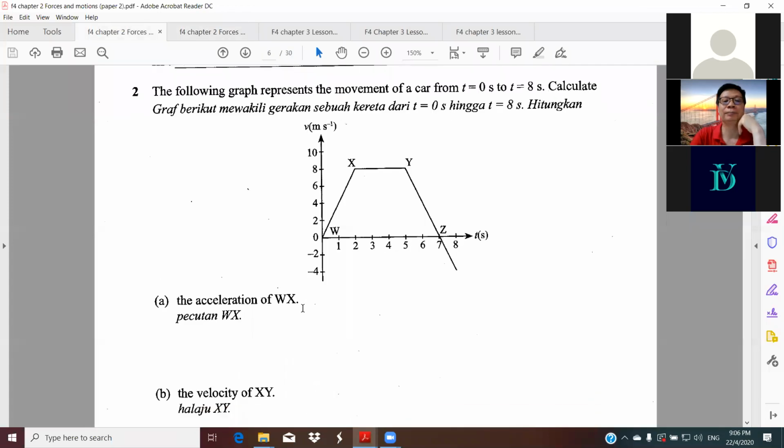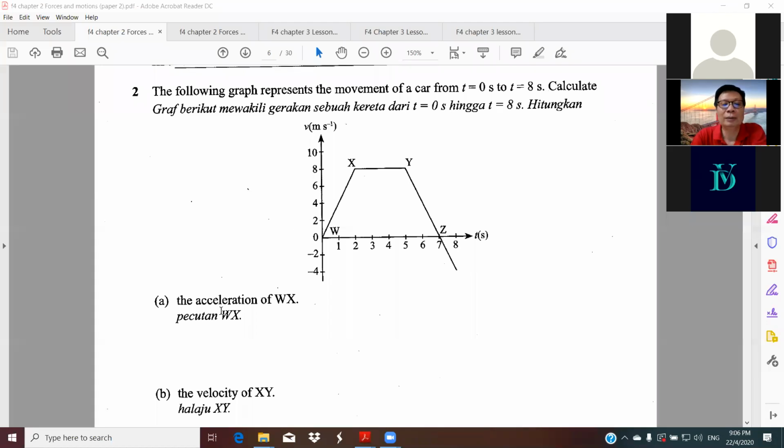Question 2. Study the question. The following graph represents the movement of a car from t equals 0, starting from here, going up, horizontal, then going down until x seconds.